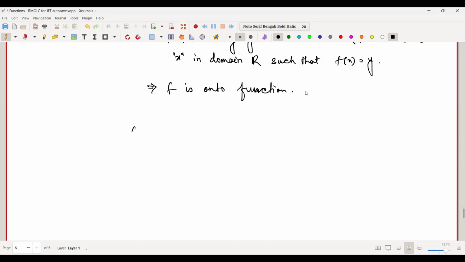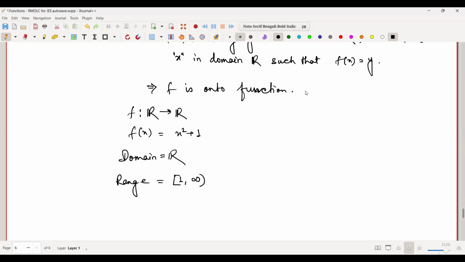Now for the function f(x) equals x square plus 1, the domain of this function was the set of real numbers, and I am defining this from R to R again. Now if you try to find out the range of this function, you will get that the range is from 1 to infinity, because x square is greater than or equal to 0, so x square plus 1 is greater than or equal to 1.